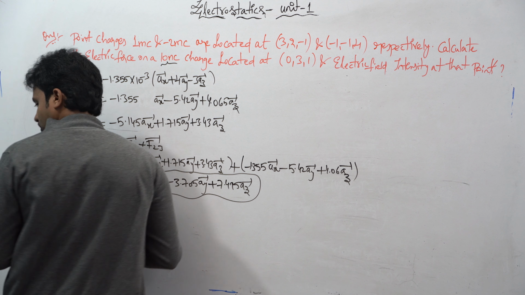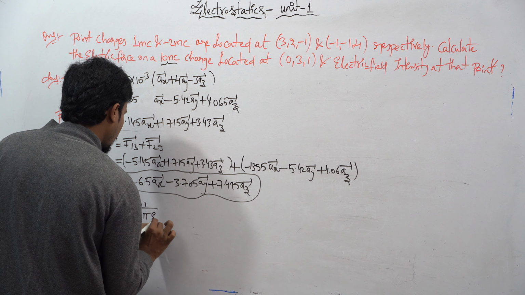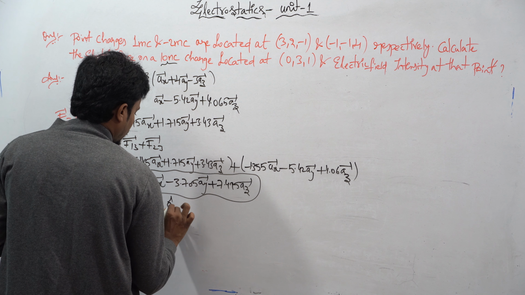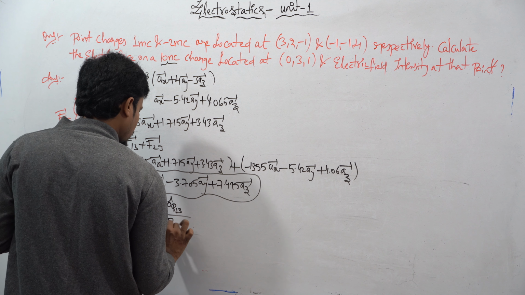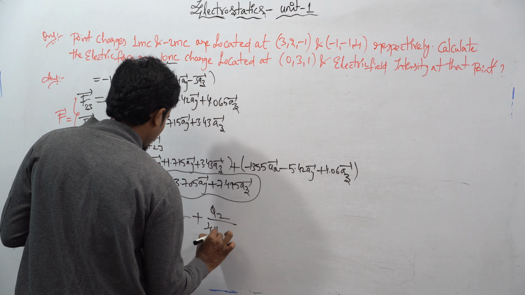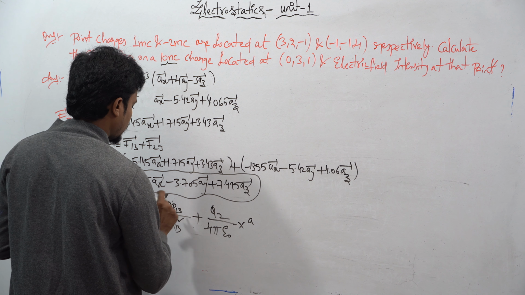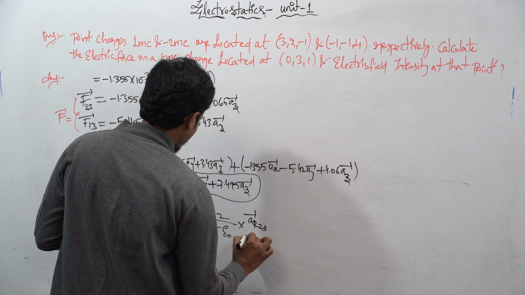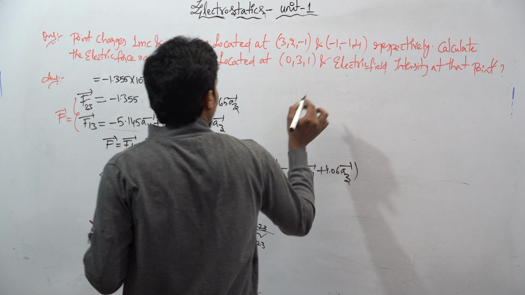E is equal to Q1 divided by 4 pi epsilon naught into A bar R13 divided by R13 square, plus Q2 divided by 4 pi epsilon naught into A bar R23 divided by R23 square.